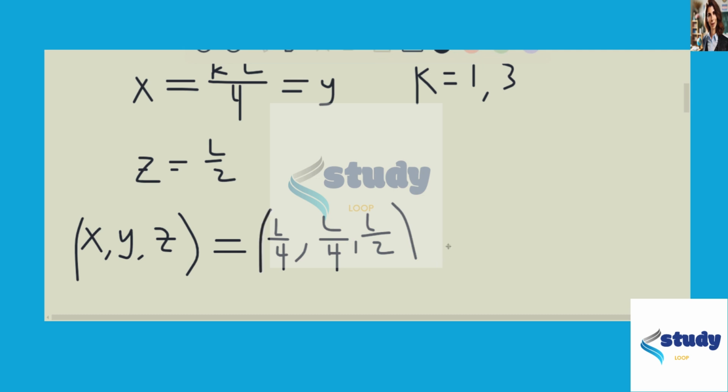And the permutation: when k is equal to 1 for x but k is equal to 3 for y, this gives you L over 4, 3L over 4, L over 2.